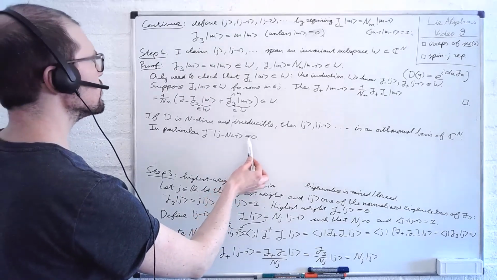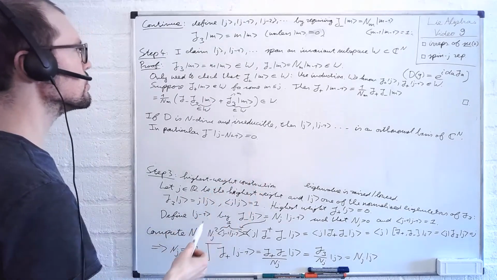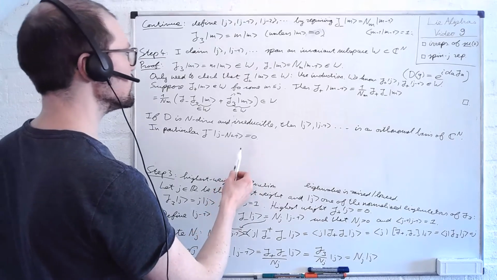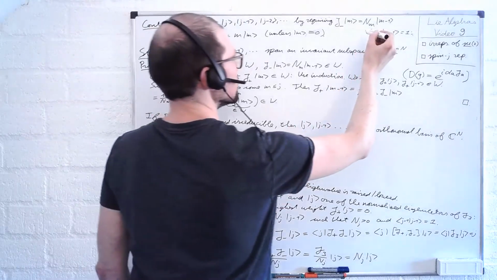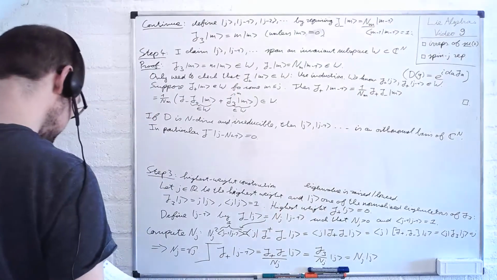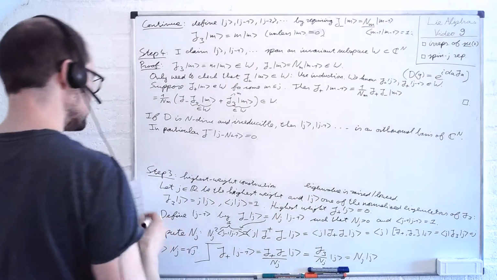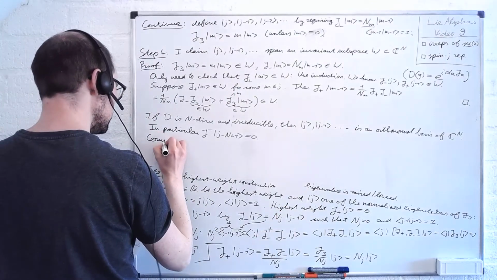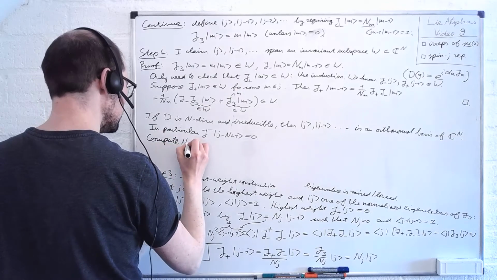So what remains to do now is to compute what these normalization factors are. Okay, so let's compute that. Compute n of m.